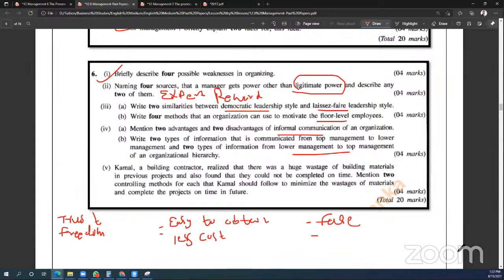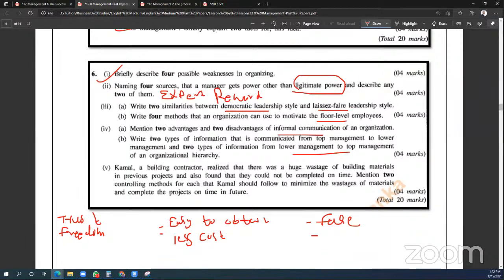Two types of information communicated from top management to lower levels, and two types from lower to top. Top to bottom, mostly managerial decisions, managerial plans, and appreciations, for example appreciation of a lower level employee coming from the CEO down.